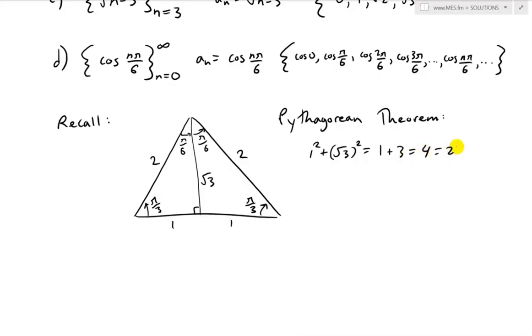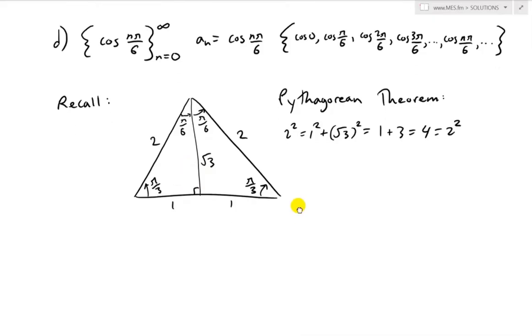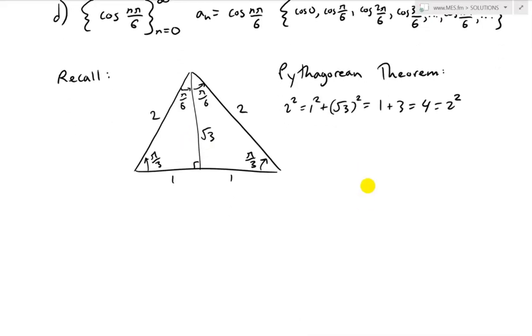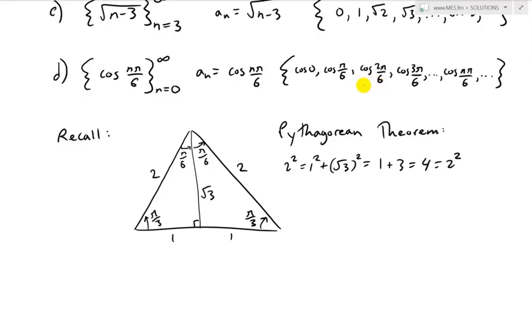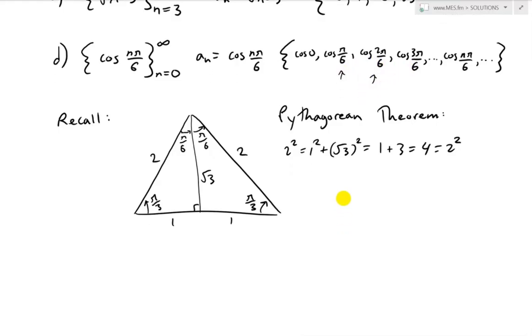In other words, this equals 2 squared. So yeah, this is 2 squared. So the hypotenuse squared equals the sum of the sides squared. And yeah, that's correct. And then recall cosine. We'll just look at these two numbers first, this one and this one. The other one we'll find by graphing.